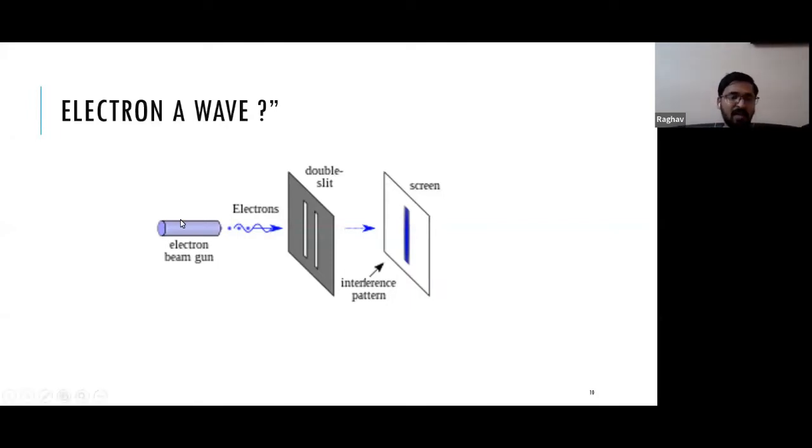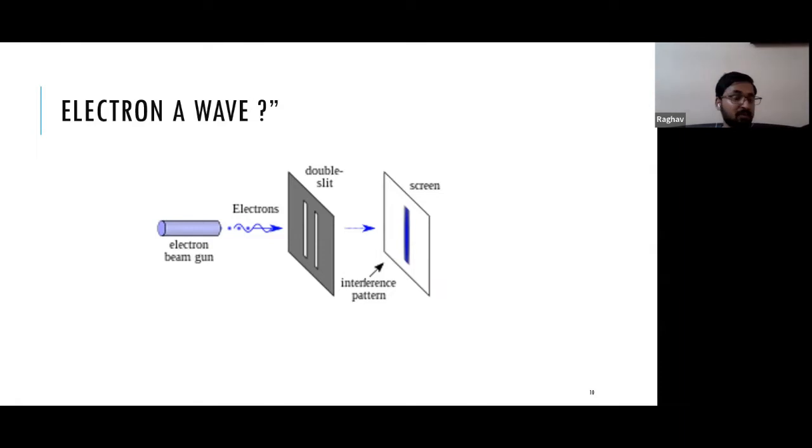So they used an apparatus similar to Thomas Young's, and this time, instead of a light source, they used an electron beam gun. As expected, electrons are particles and should not show an interference pattern, but no, they showed the same pattern, which emphasized the need for matter waves.